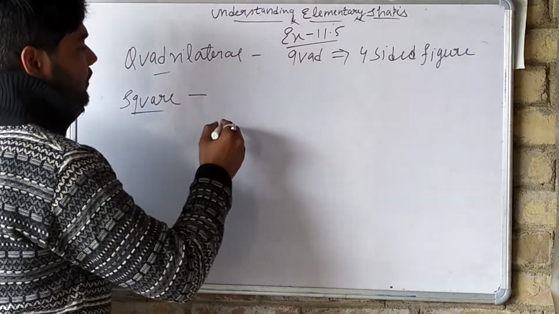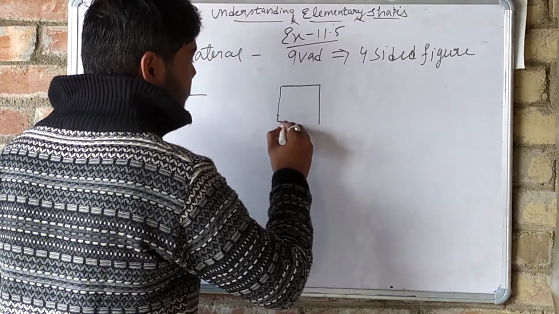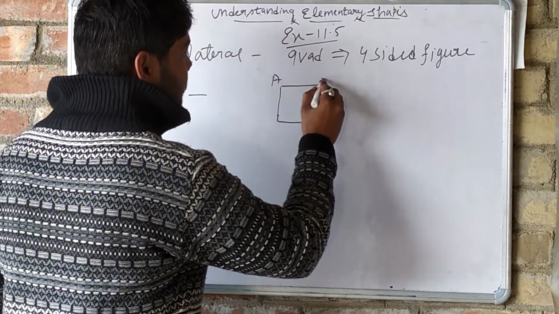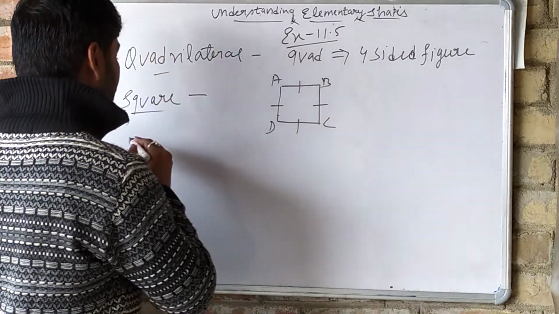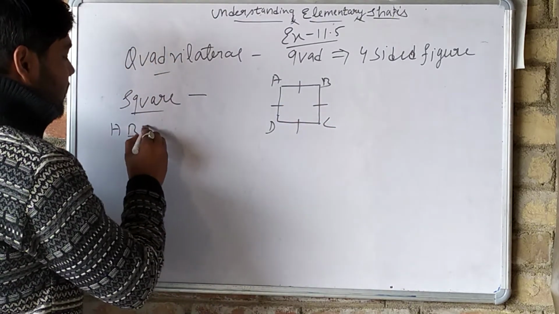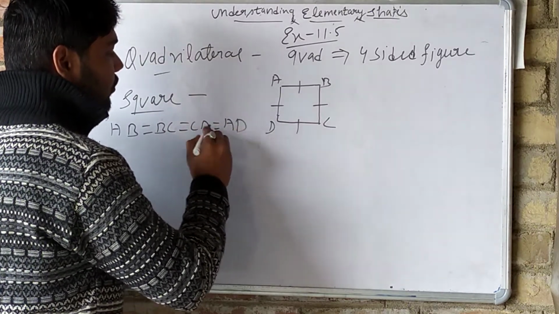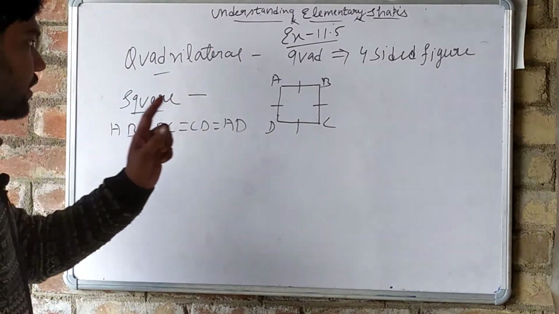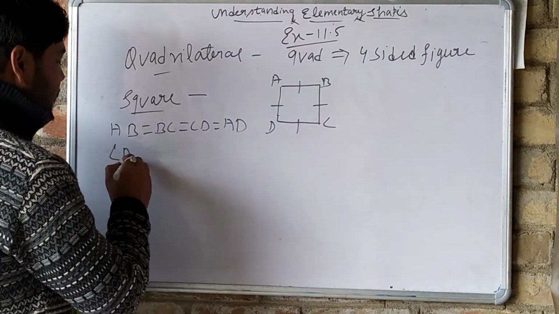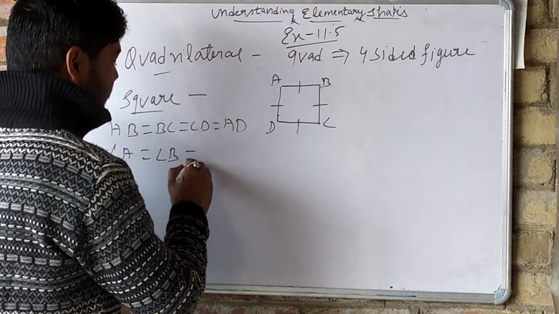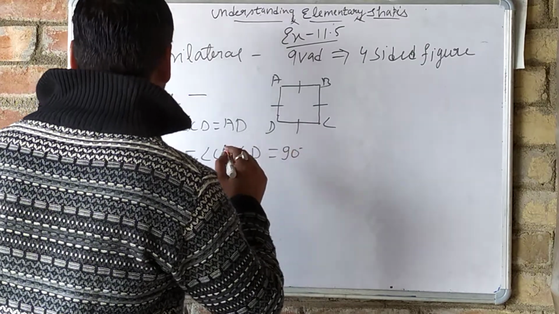Square is also a quadrilateral because it also has four sides. This is a square ABCD. We all know that the sides of a square are equal, that is AB equals BC equals CD equals AD. All four sides are of the same length and all angles are equal to 90 degrees. Diagonals are also equal in a square, that means AC equals BD.